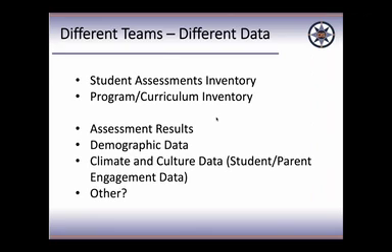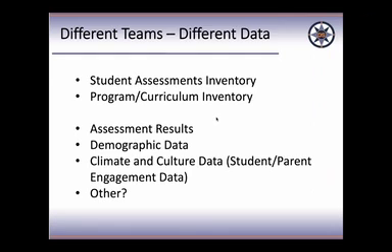But the two things you really have to do first are figure out what kind of data do you have. So what kind of student assessment data do you have? And what kind of program or curriculum do you have? So curriculum is, I go back and forth on that word. Sometimes it's a curriculum plan that a district puts together, and sometimes it's the purchased math program.